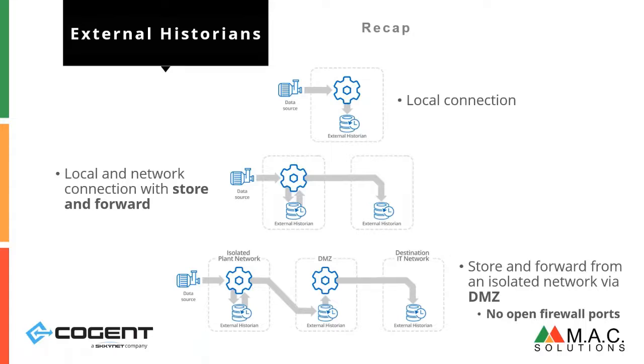At each one of these hops, there is no inbound firewall port on the plant network or the DMZ. There is an inbound firewall port on the DMZ, but the destination is going to set up a tunnel connection to the DMZ. So it's an outbound connection from the IT department to the DMZ, but then the data is going to be mirrored. It follows the exact same principle as our mirror capabilities, but as opposed to mirroring real-time data, we're mirroring it in terms of the historian.